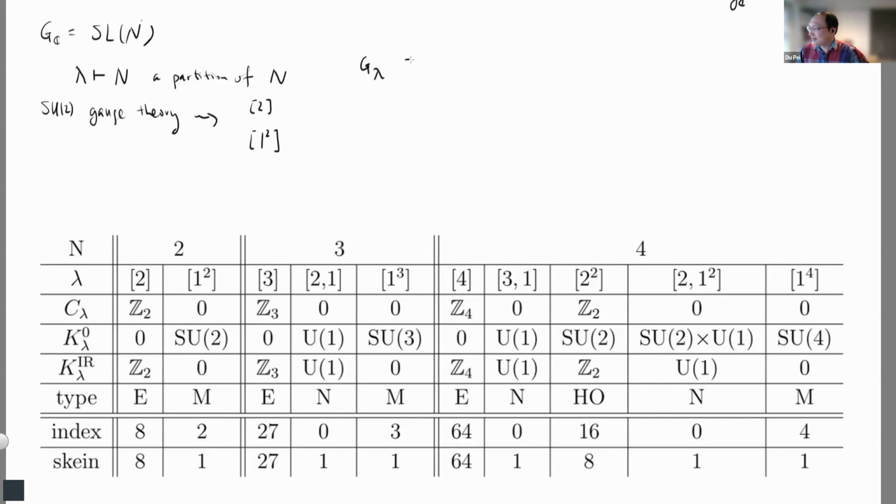So this is the IR gauge group. This is slightly confusing, but here it's none of this. Well, let me just tell you the connection between G lambda and those things in the table. So C lambda will be the component group.